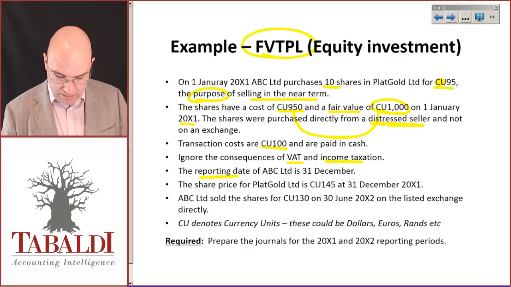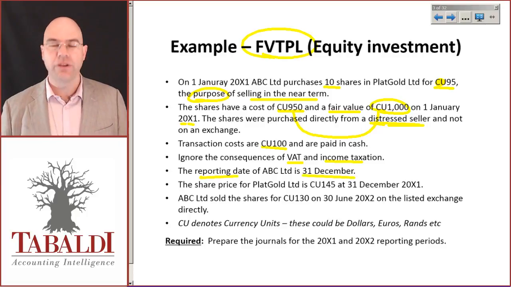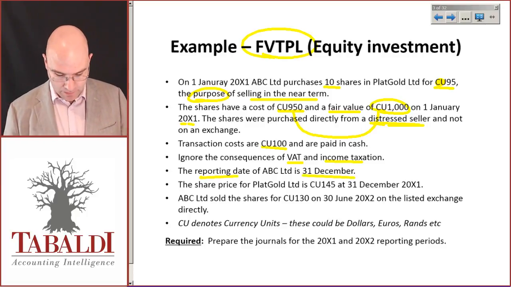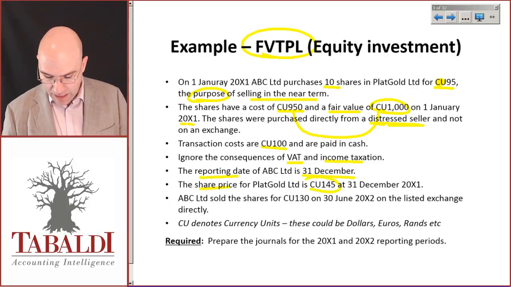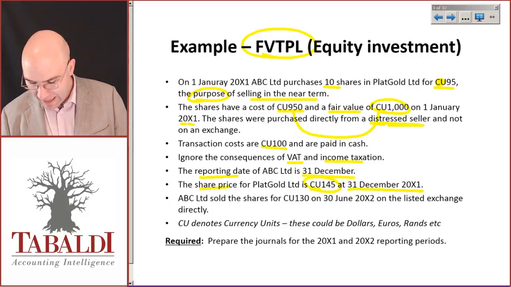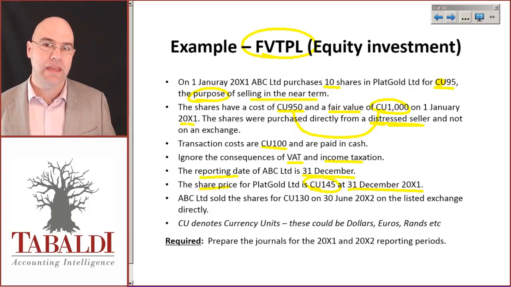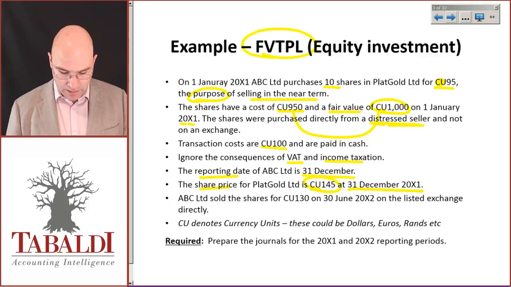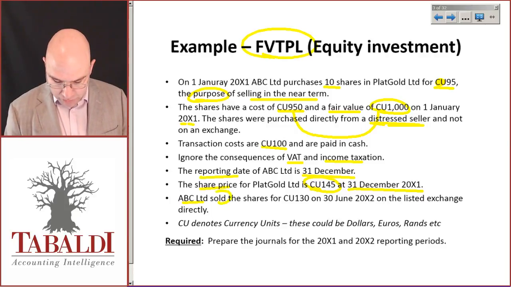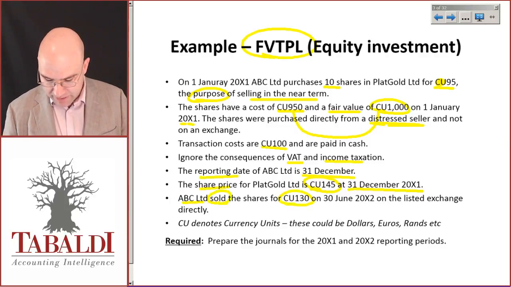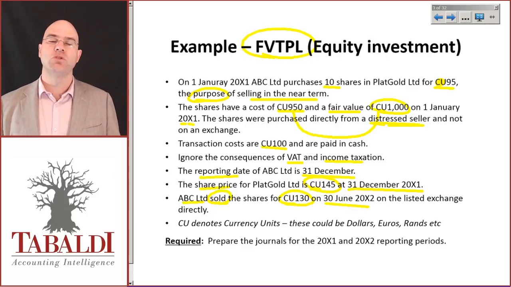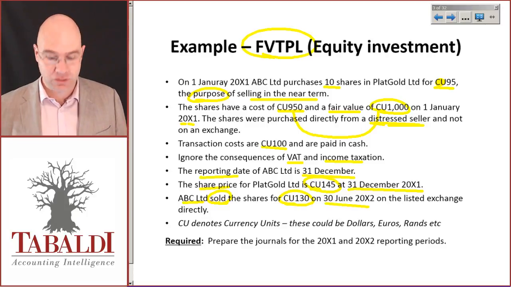The reporting date of ABC Limited is 31st of December. The share price for Plaque Gold is 145 at the end of the year, at 31st of December. So we're going to have to do a fair value adjustment. Then ABC sold the shares for 130 on the 30th of June 20X2, the next financial year.